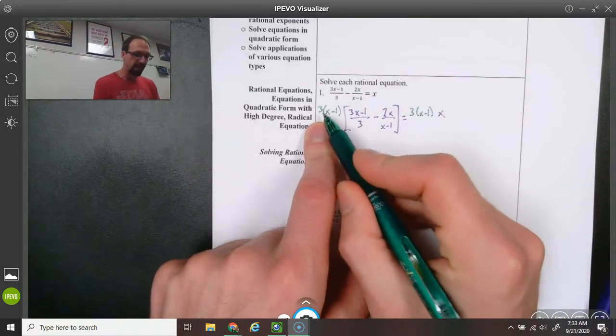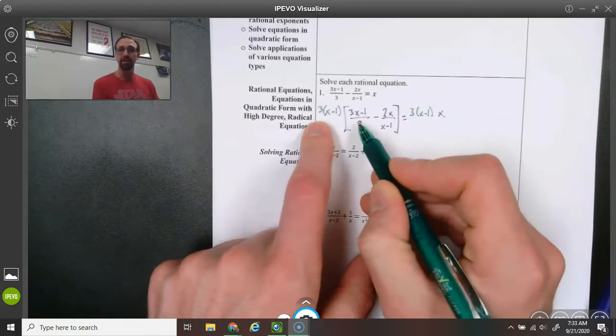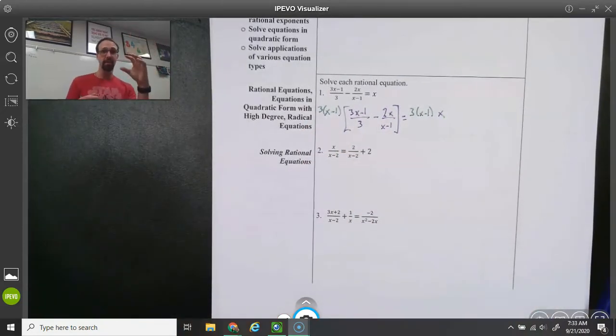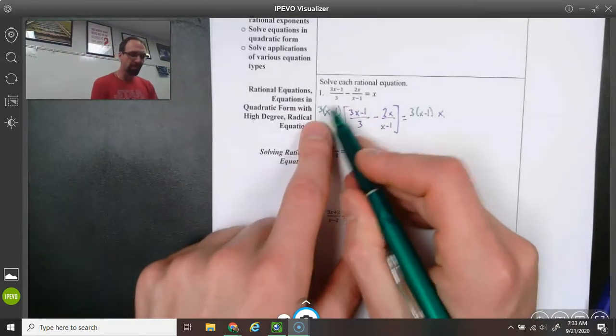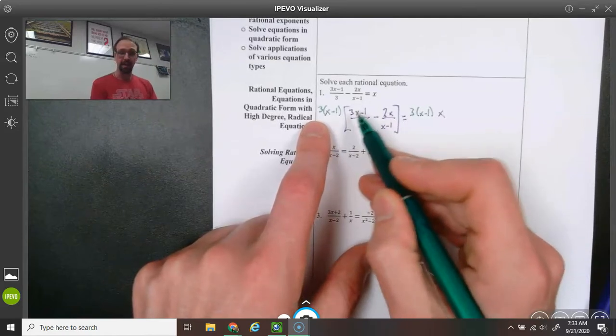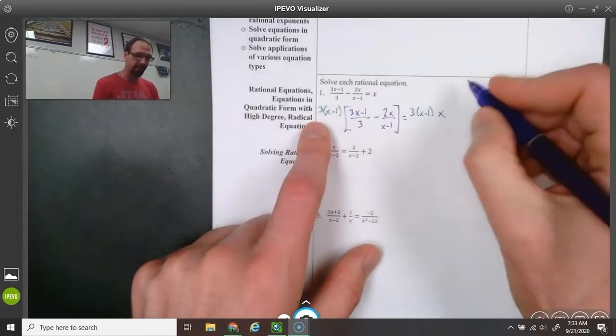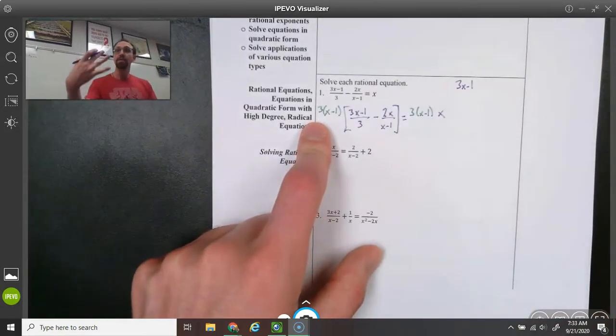When I multiply through by the 3, this 3 term is going to cancel with the 3 term here. You'll have a 3 in the numerator and a 3 in the denominator, and those cancel because 3 divided by 3 is 1. So when you multiply through this term by 3, it doesn't actually change the value of 3x minus 1. That will still be 3x minus 1. I no longer have that 3 in the denominator because it canceled out.